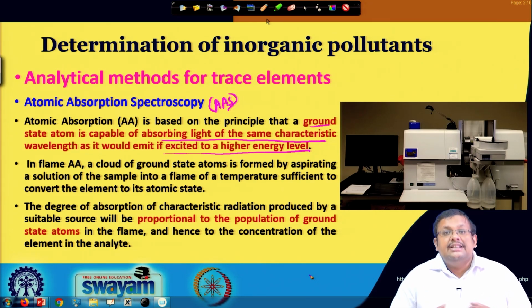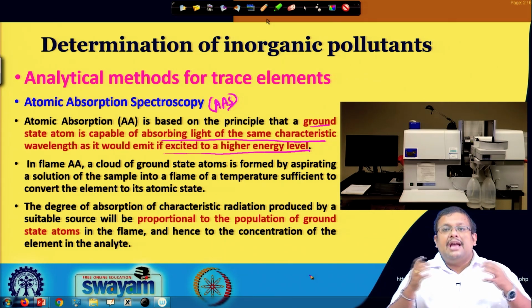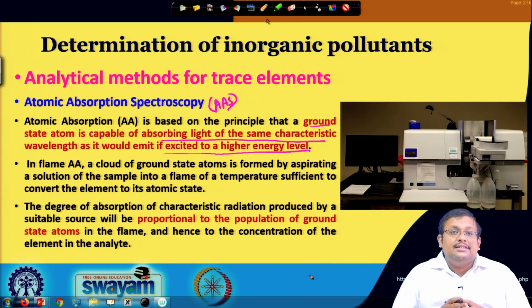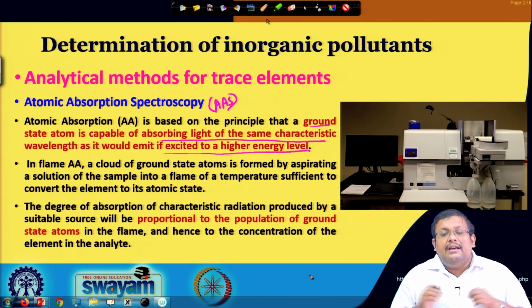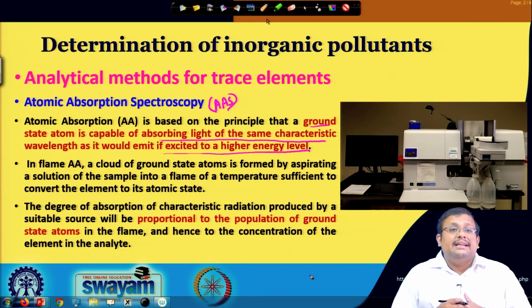That is why it is called flame atomic absorption. The flame is of a temperature sufficient to convert the element to its atomic state. So, this atomic absorption spectrometer allows the atoms from the ground state to absorb certain wavelengths of radiation to go to their excited state.